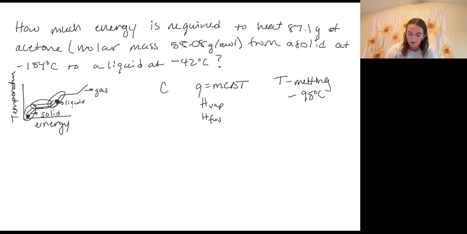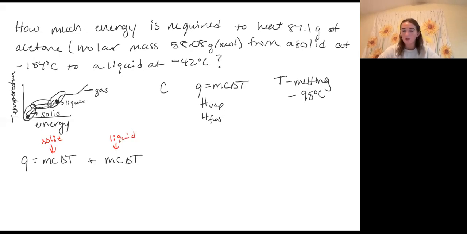So we're going to have Q is equal to MC delta T for the solid and for the liquid. And what do we use in order to do a phase change from solid to liquid? What equation do we use there?